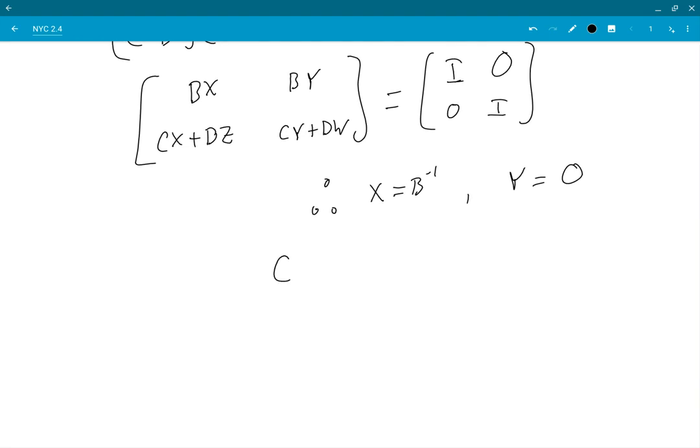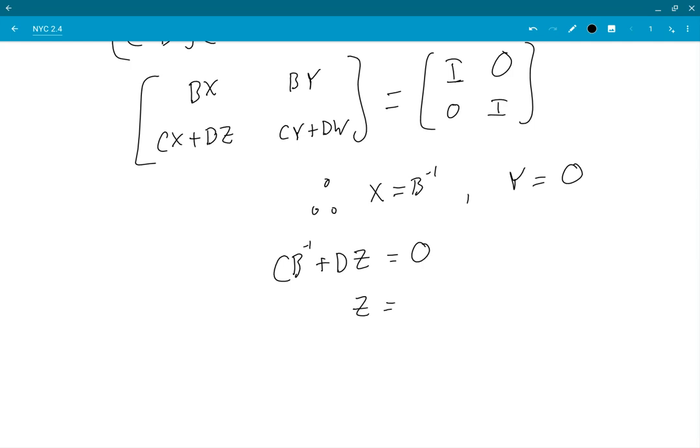Cx plus Dz, Dz. Oh, I already said that x was B inverse, so why don't I put that there? Is equal to 0. So what am I solving for?